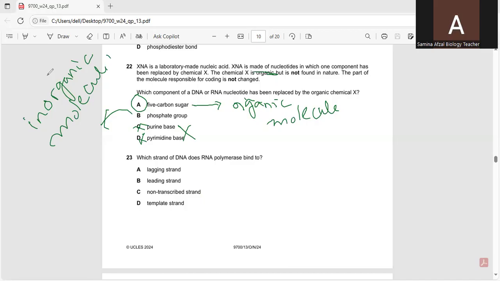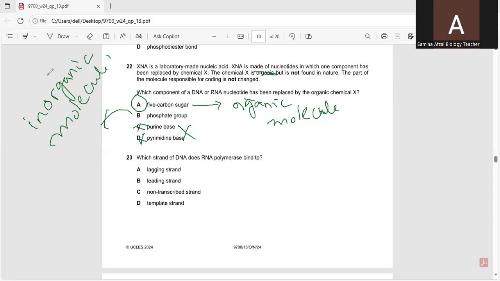They have told us which component of the DNA or RNA nucleotide has been replaced by the organic chemical X. If there is change, the sugar molecule is part of the backbone, but it does not directly carry the genetic code. So modifying the sugar would change the backbone, but not necessarily the coding potential, as the bases are still able to pair correctly.